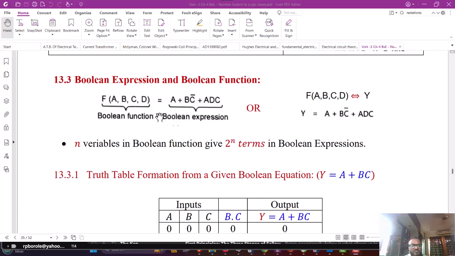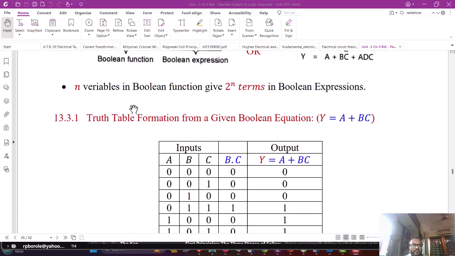So here also, if the function is in terms of Boolean variables, the expression is nothing but a combination of operations of Boolean variables. Sometimes the Boolean function f of a, b, c, d can be shown as the letter y. If there are n number of Boolean variables, then the Boolean expression consists of 2 raised to n number of terms.